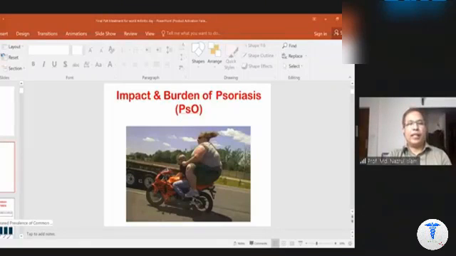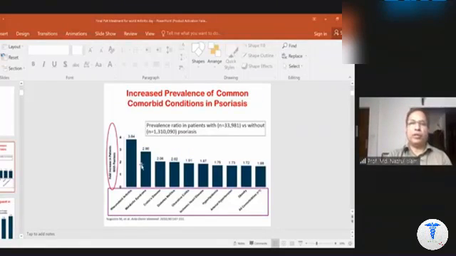I will not speak about the burden, but there are important aspects we need to consider nowadays. Why are we considering psoriasis in a different way?